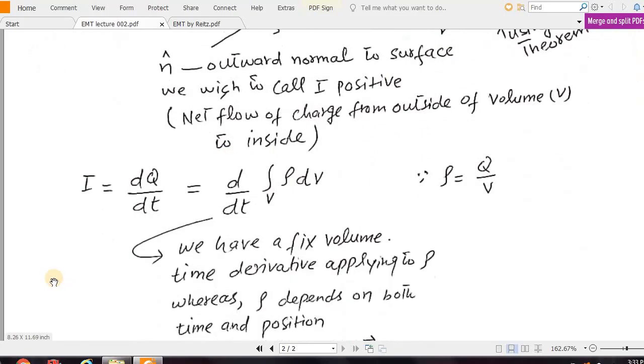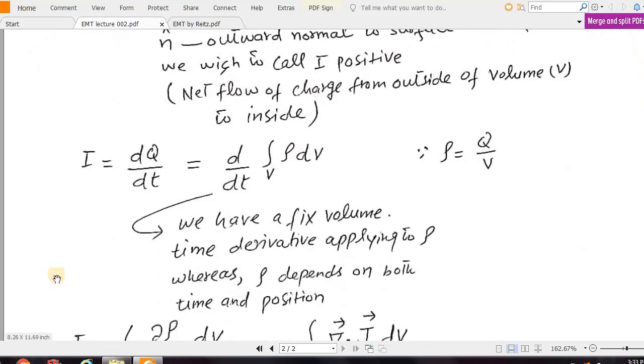We are familiar with the basic definition of current: I is equal to dq over dt. Here q can be replaced by rho into dV, where rho is equal to q divided by V. This is the definition of charge density, meaning charge per unit volume.